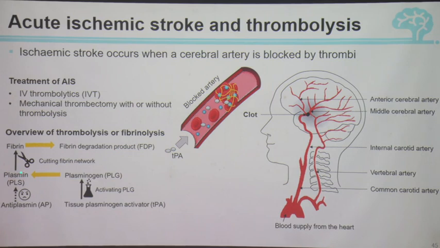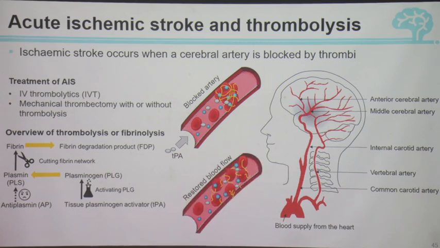But plasmin can also have other effects. It can break down fibrin, but there's also body-produced antiplasmin, which can counteract the function of plasmin. So all of these factors need to be considered, and there is a series of chemical reactions coupled with transport that need to be modeled.